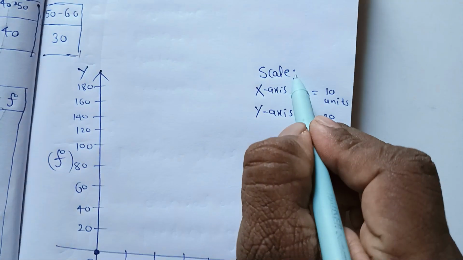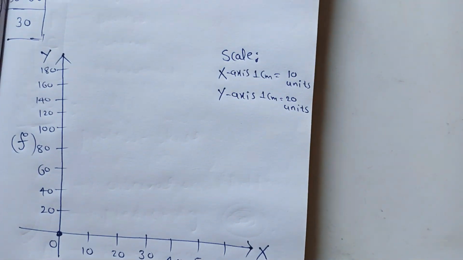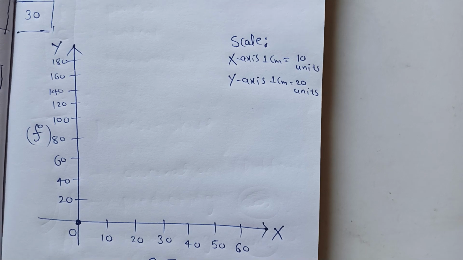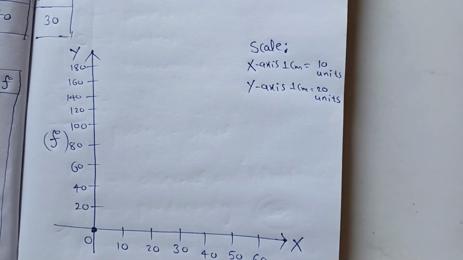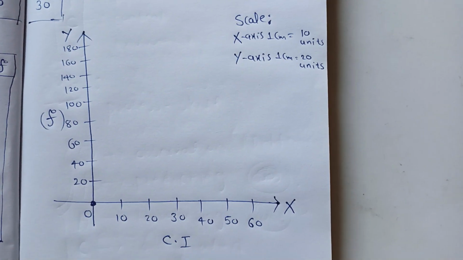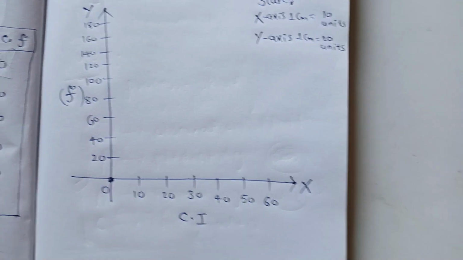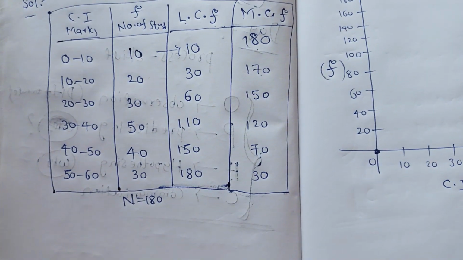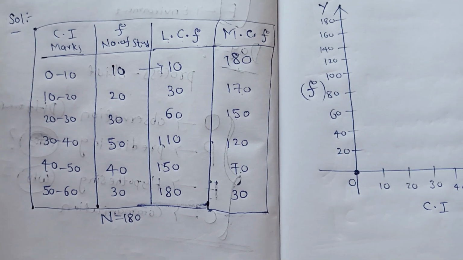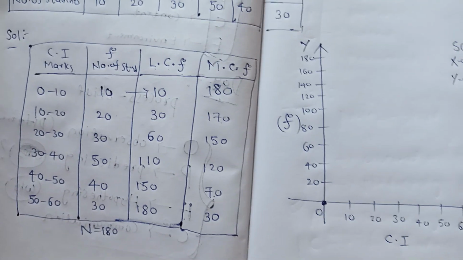Take an appropriate scale. The x-axis is 1 centimeter equals 10 units and the y-axis is 1 centimeter equals 20 units. Now plot the points of the less than cumulative frequency against the class intervals.